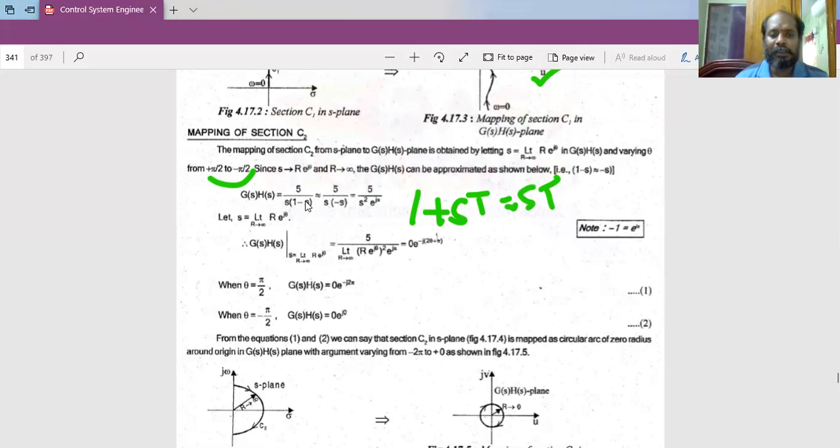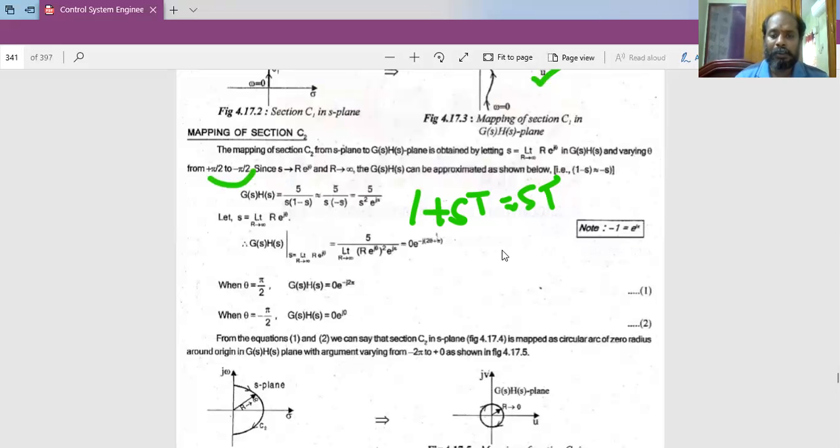So this 1 minus s will be having minuses there. But what is minus s actually? Minus s provides you e power j pi. Because what is e power j pi?